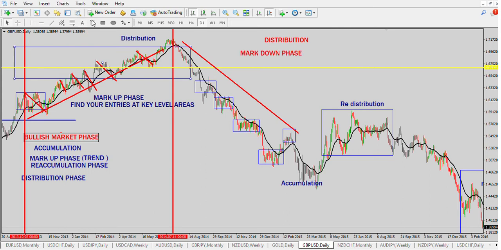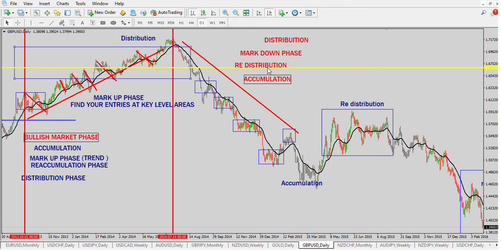And inside the markdown phase, we have what? Redistribution. We have distribution, and it ends with what? Accumulation. It ends with accumulation.